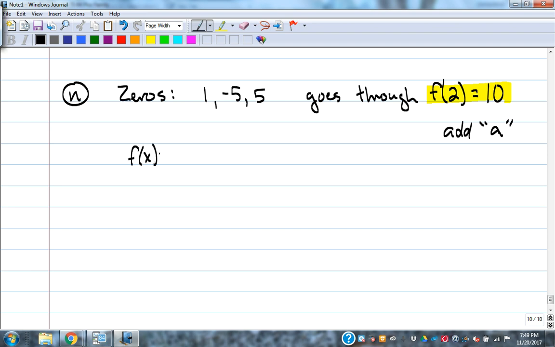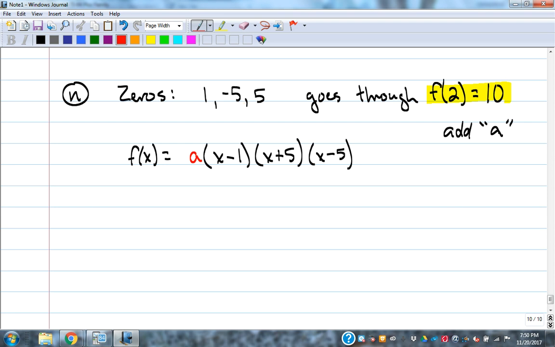Starting out with a polynomial, get your factors just like before. So x minus 1, x plus 5, x minus 5. The a is added because they gave us this other bit of information.